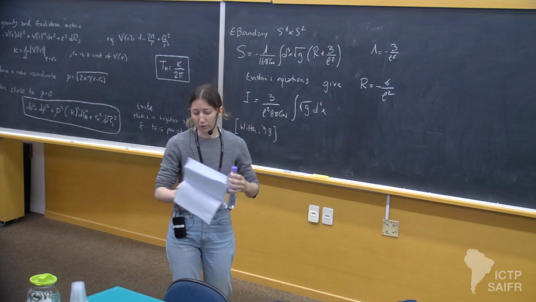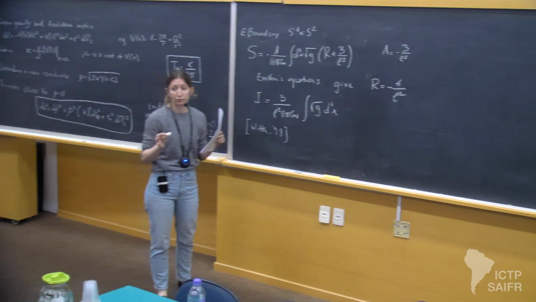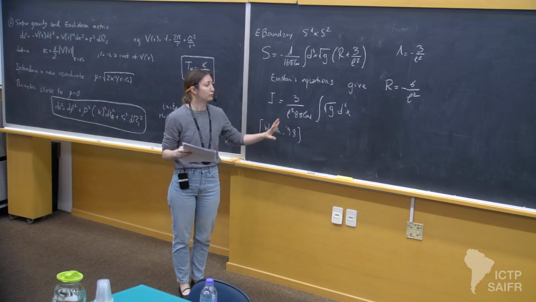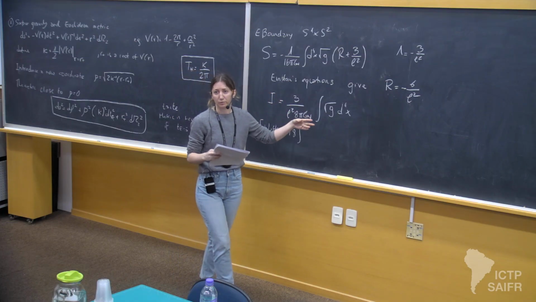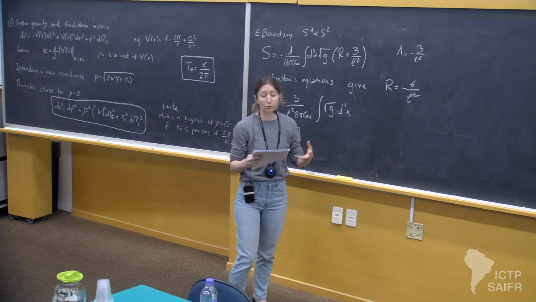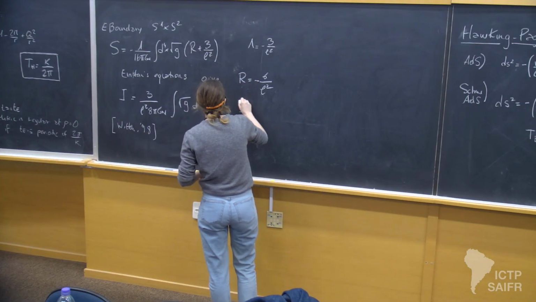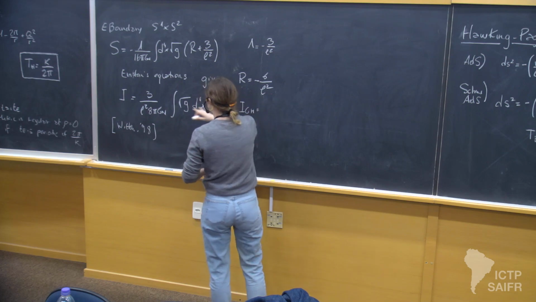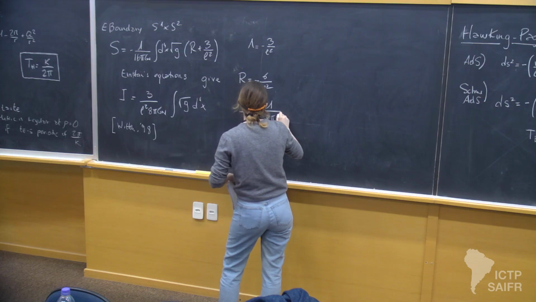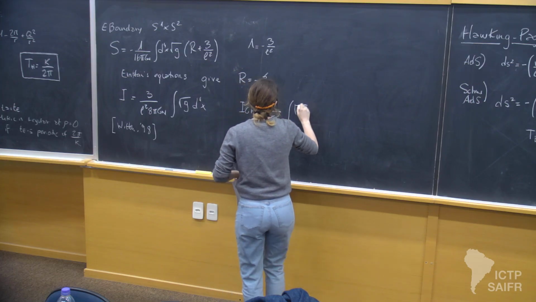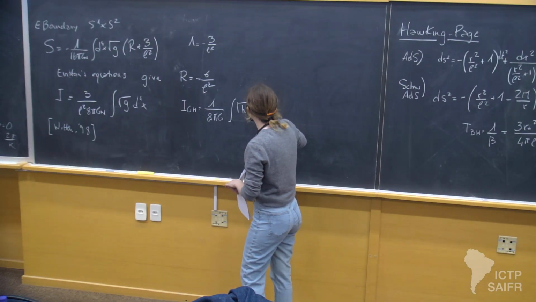What I'm following here is a bit of a shortcut. In order to get the thermodynamic potential for the solution, you take the on-shell action and then you add counter terms. The counter terms will be, for instance, the Gibbons-Hawking term that Alejandra wrote down, which is something like, I'm not sure about the coefficient, but it's basically square root of h, where h is the boundary metric, times the extrinsic curvature.